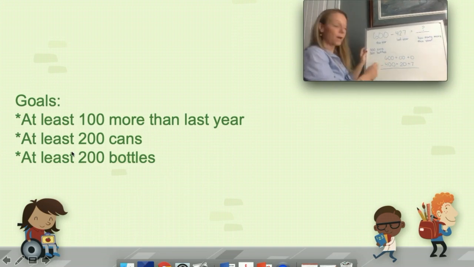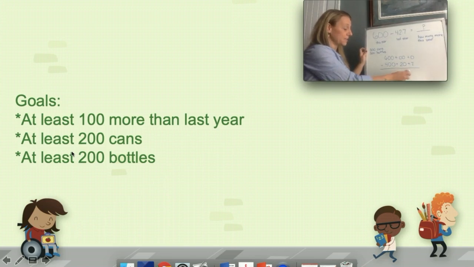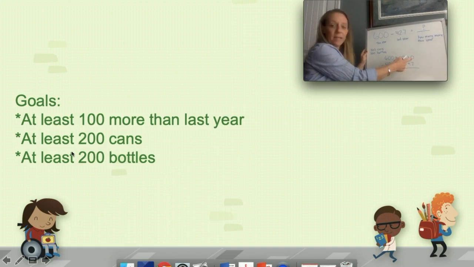I went ahead and wrote out my problem, and I'm going to work this because this is a tricky one, because we have 600 and we're taking away 427. If I start in my ones, I don't have any ones. I can't take 7 away from nothing. So if I regroup, if I go and get a 10 to break it apart, there aren't 10s either.